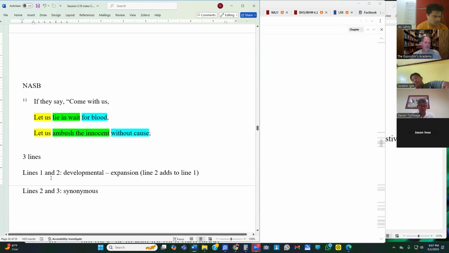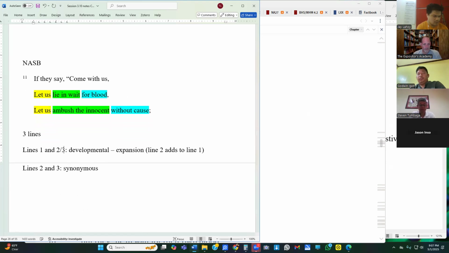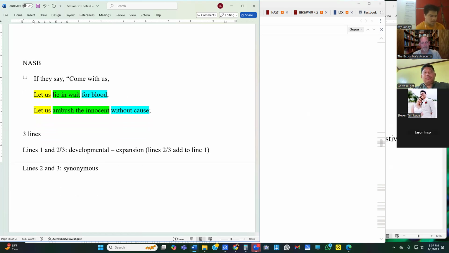So I would agree with you that 2 and 3 are more of a synonymous connection, and then 2 and 3 expand on line 1. So I might even do it this way: lines 2 and 3 add to line 1. That's how I would put it. Okay.